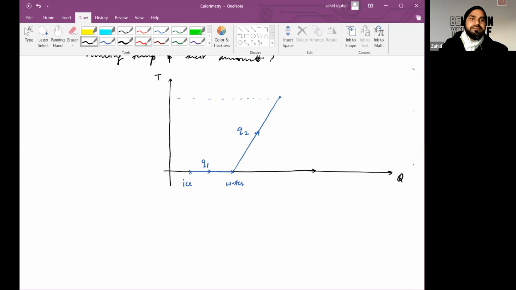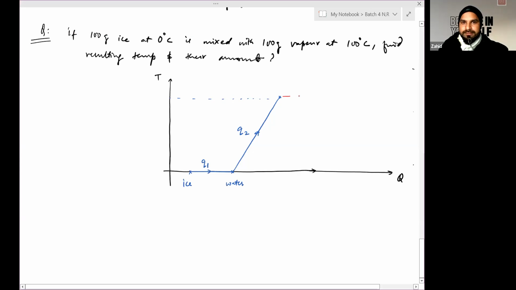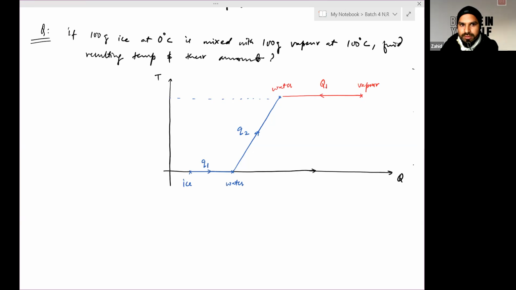Now for steam, initially it would be at this part. So it may lose some amount of energy to go from vapor to water. So let's say this is capital Q1. First try to find small q1 and capital Q1. Small q1 will be the latent heat of fusion to convert ice into water.